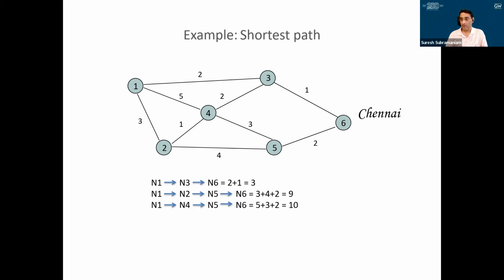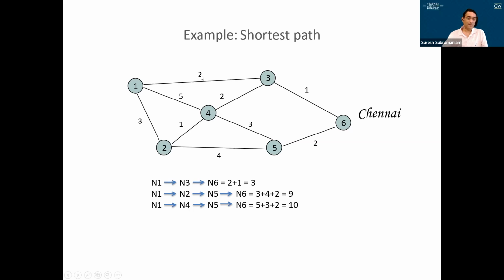But if I say delay is the metric, the delay can actually change with time. If there is more congestion, the delay is going to be higher. If there is less congestion, the delay is going to be lower, just like on the roads. Sometimes roads are congested and therefore it takes longer. Other times the roads are not congested, so it takes less time. So the delay is dynamic.